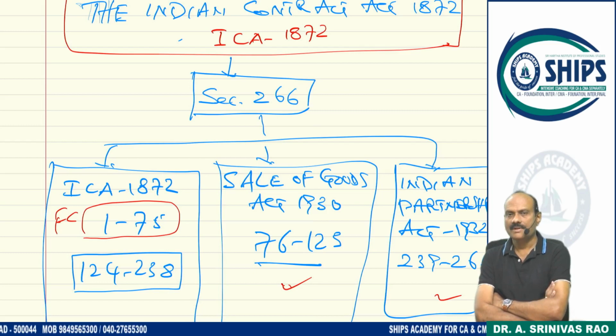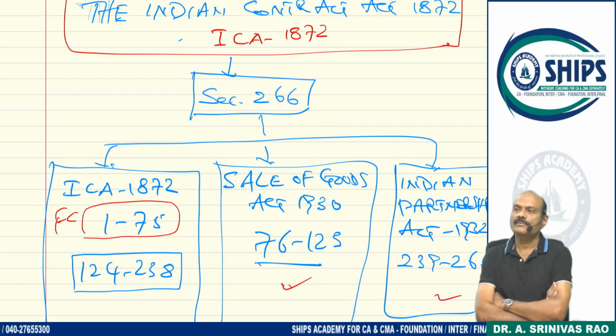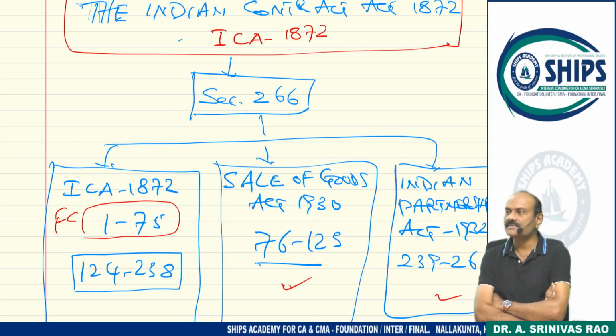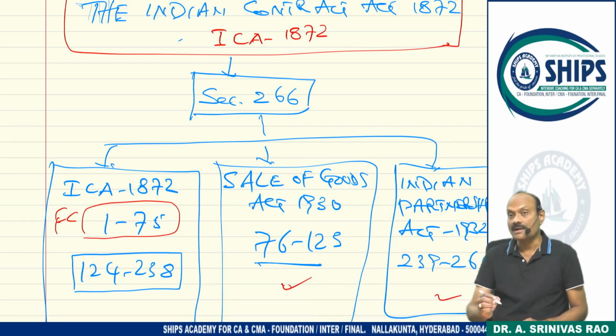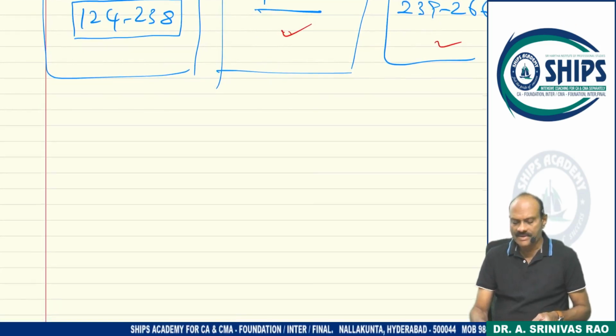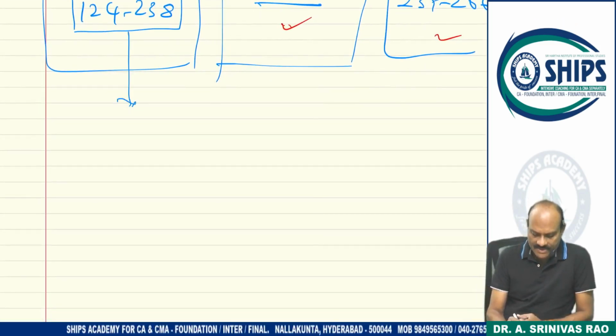Next. Section 124 to 238 deals with special contracts. Special contracts such as, you write one by one.